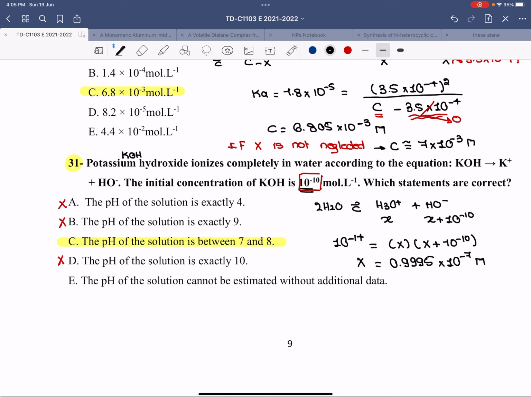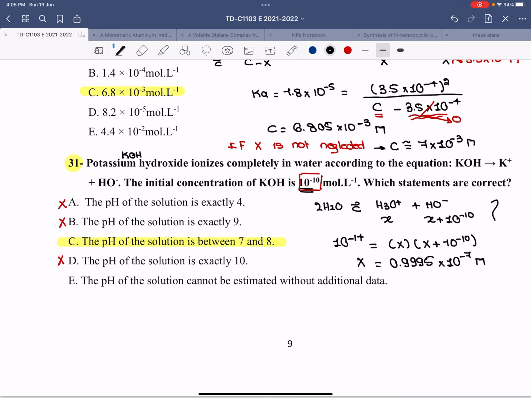The pH is minus log X, or 14 plus log (X plus 10 to the negative 10). And it will be between 7 and 8 because it's slightly basic, because you added a small amount of base.